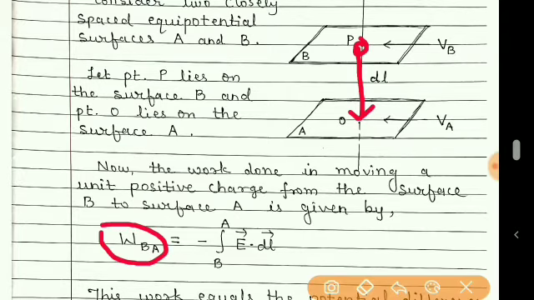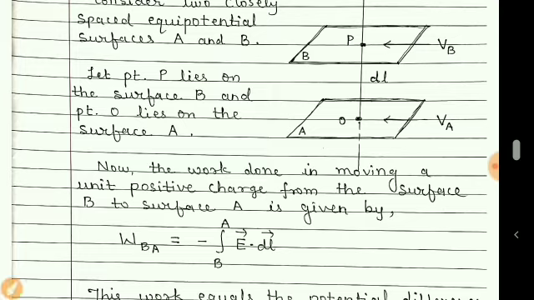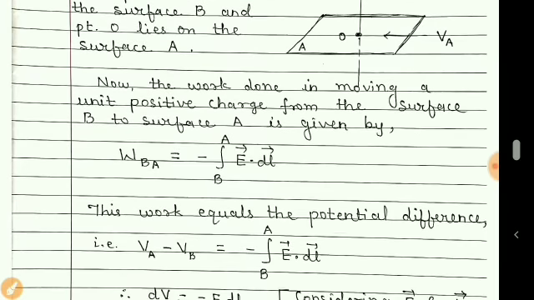So here also, let us consider a unit positive charge moved from the equipotential surface B towards equipotential surface A. In that case, the work done is given by W_BA equals negative of the integration from B to A of E dot dl.